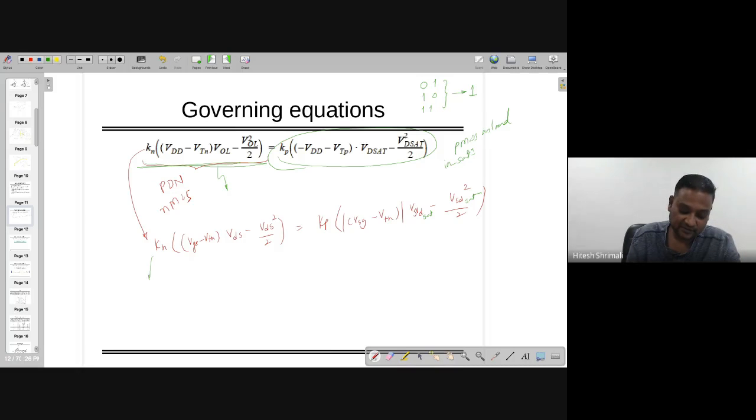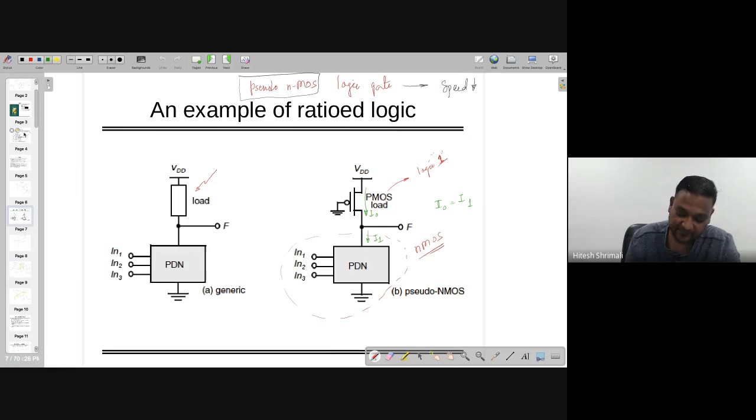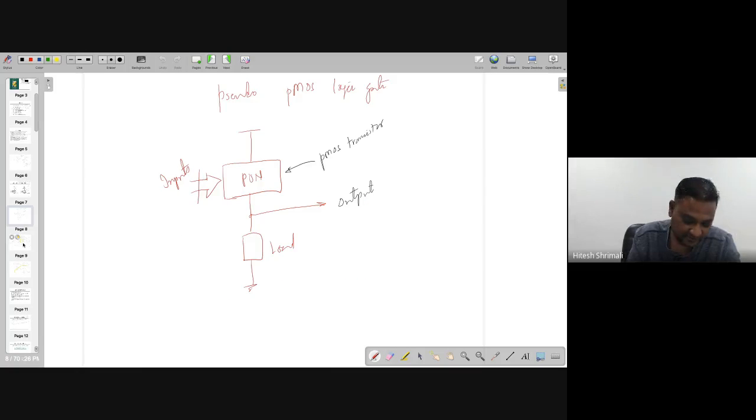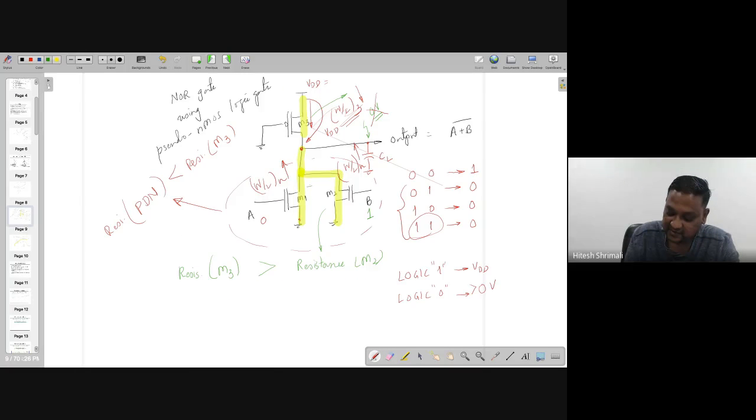where Kn is nothing but mu n Cox W by L, right? So this is already known to us. If you keep all these values and replace the actual gate to source and other values, like VDS is nothing but, in this case you can see the VDS is acting as V out. VDS is nothing but VOL, the output voltage when it's a logic 0.